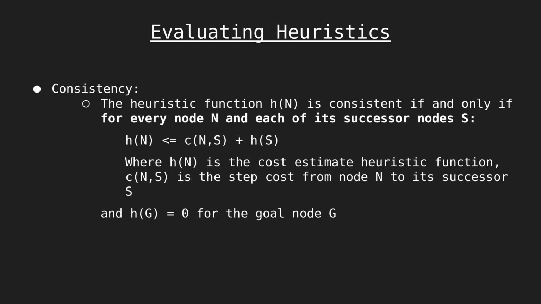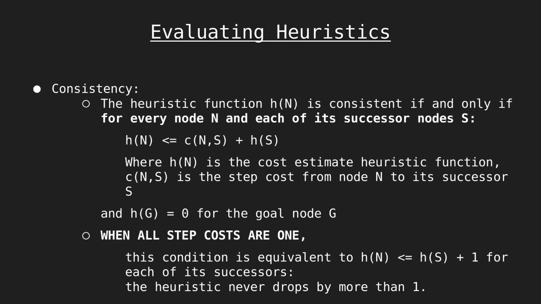Consistent heuristics are a little trickier. The condition for a heuristic to be consistent is that for any node, and any successor of that node, the node will have an estimate less than or equal to the sum of the successor's estimate with the cost to go from the node to its successor. Importantly, when step costs are all 1, such as in the Tower of Hanoi or the sliding tile puzzle, this condition is equivalent to saying that the heuristic will never decrease by more than 1 from a point to its successor.